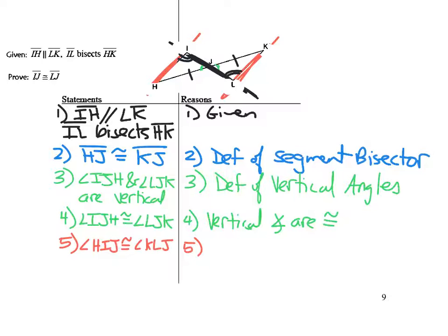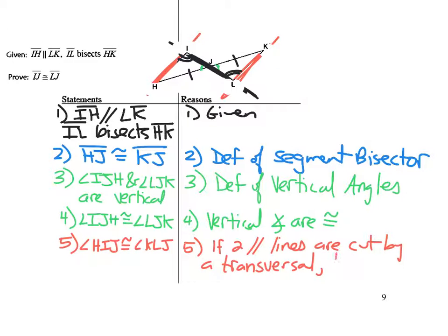Or not as good as just writing it out. If two parallel lines are cut by a transversal, the alternate interior angles are congruent.